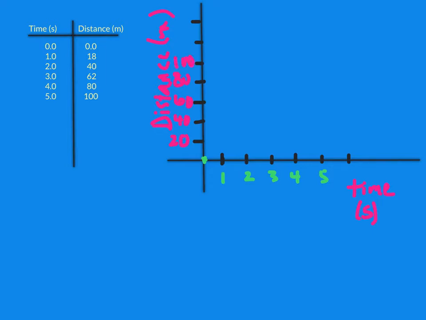Okay, so now we're ready to plot some points. So we have 0, 0. We have 1, 18. We have 2 and 40. We have 3 and 62. We have 4 and 80. And we have 5 and 100.